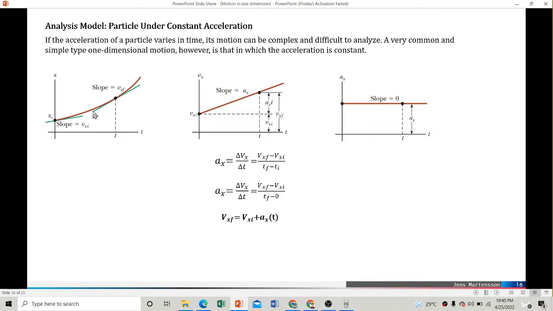So since our velocity-time graph here varies linearly, we can create a slope line from t equals 0. Our velocity here is the initial velocity, and at our final time we have the final velocity.